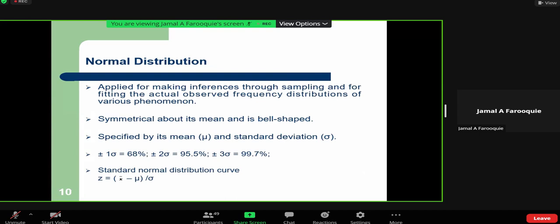Now we come to normal distribution. How many of you are not aware of this? Those who have never heard or studied or come across normal distribution?